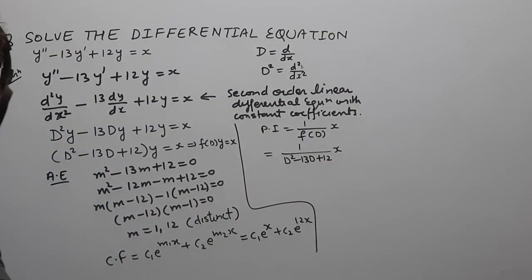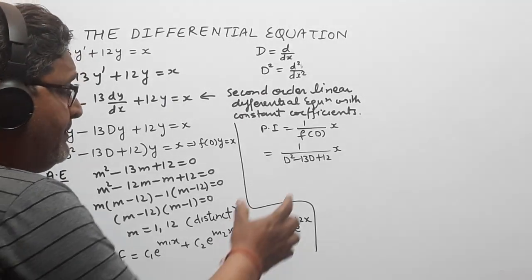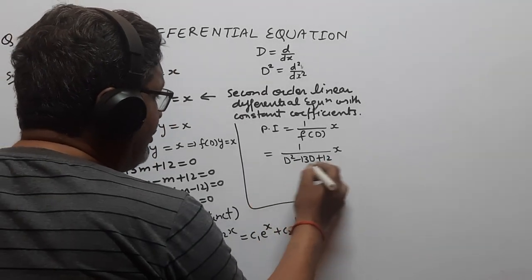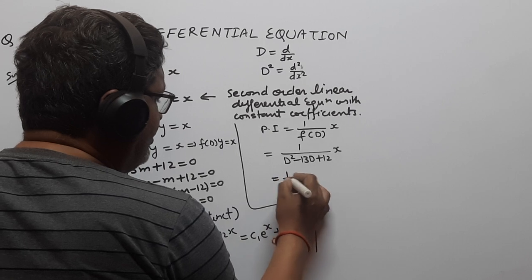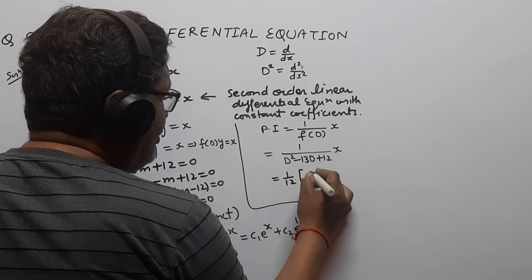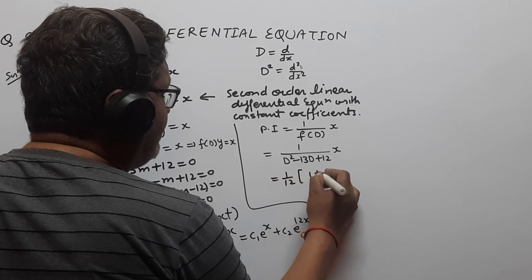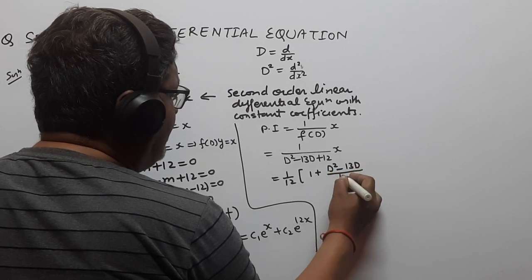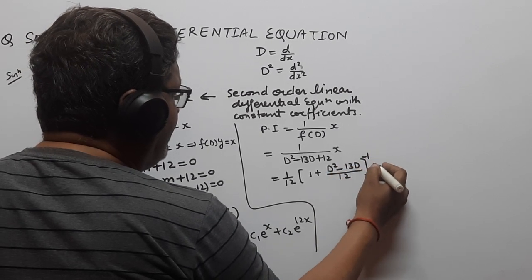Now we use the binomial theorem. Taking 12 common, this can be written as 1 plus D square minus 13D upon 12 whole power minus 1.